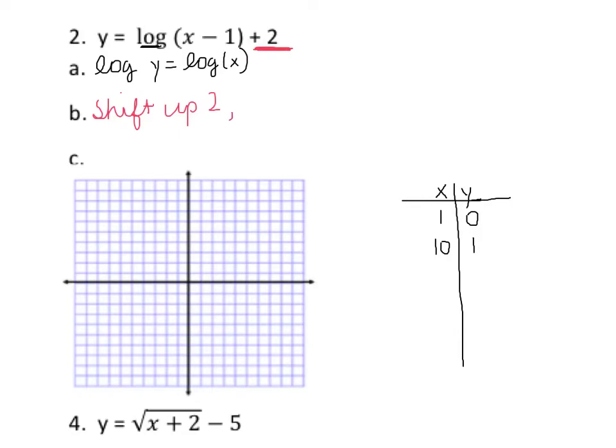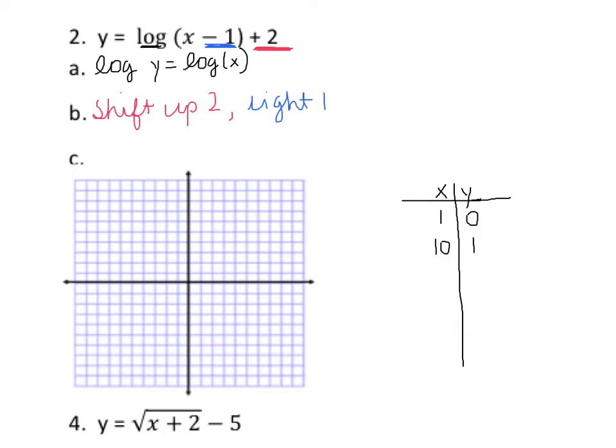And then if you look at the inside of the parent function, it says minus 1, and if you remember, that's the opposite of logic, so that means it's going to move to the right 1.